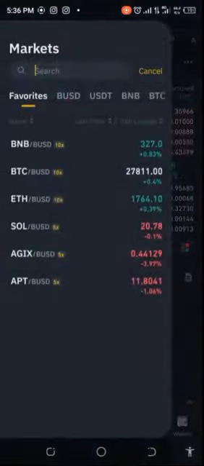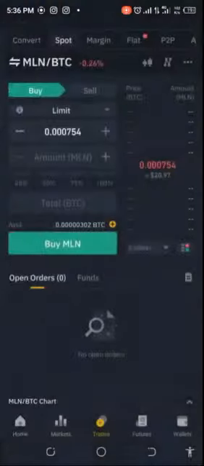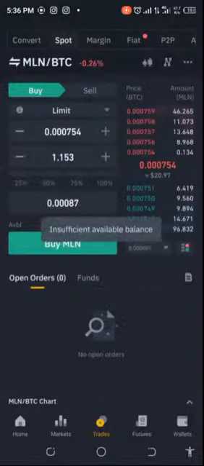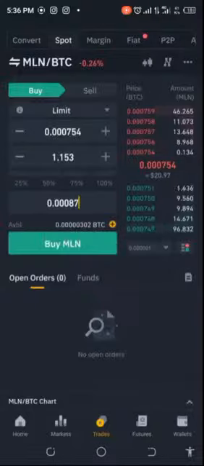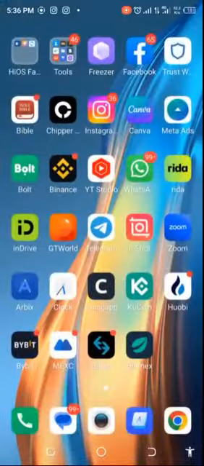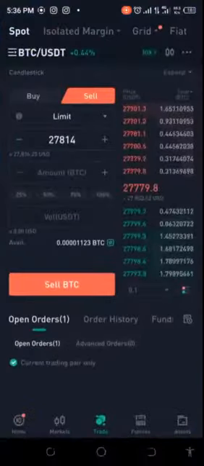Okay, so let's go ahead and do MLN BTC. All I have to do now is buy that, put in the BTC and buy. So what I have is 1.153, which is good. Let me copy that amount and go over to KuCoin immediately and check what it will be. Then we'll take off all the charges.